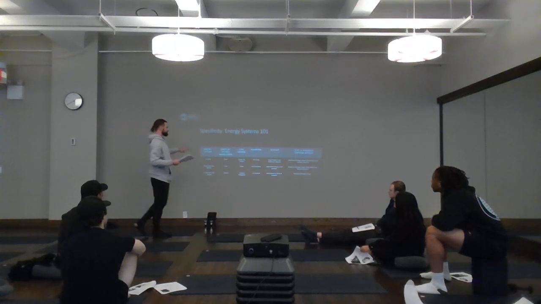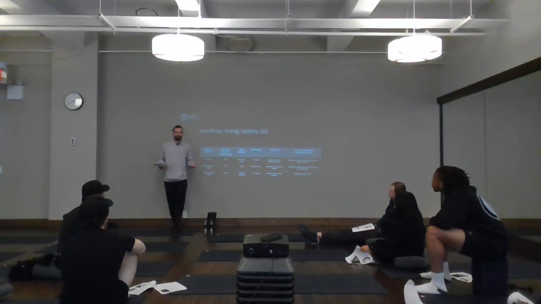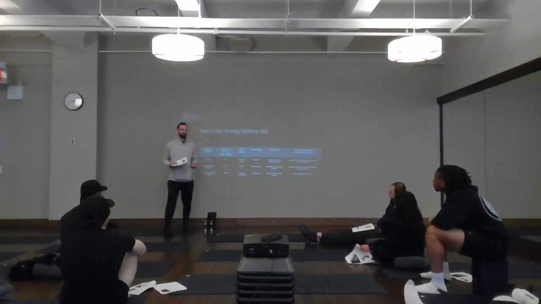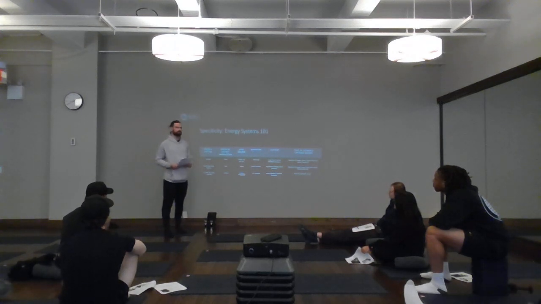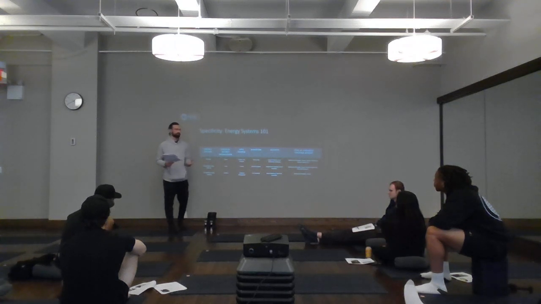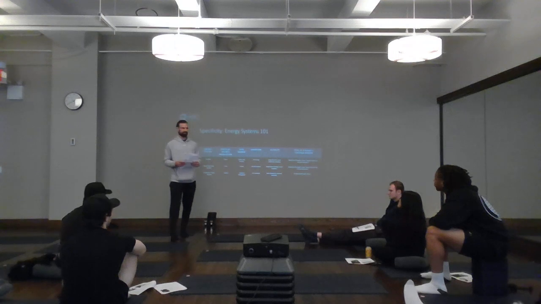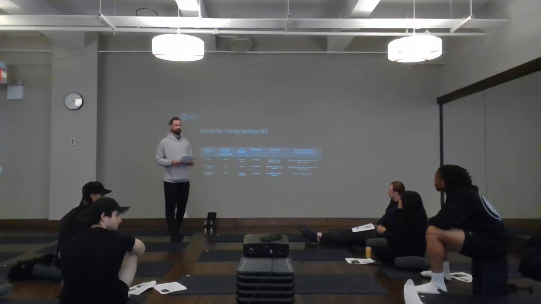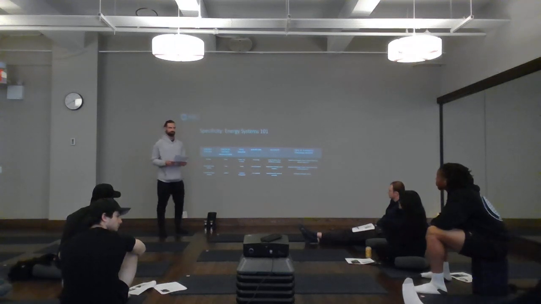All right, so before we get into this, you guys know about the energy systems. Somebody tell me something about, pick an energy system. Tell me a little bit about it. Justin: ATP PC system, used for power. Used for power.